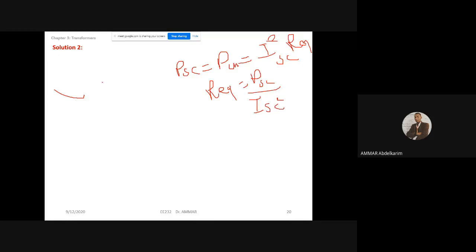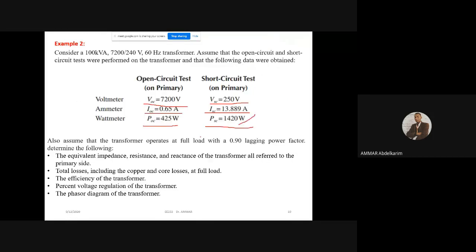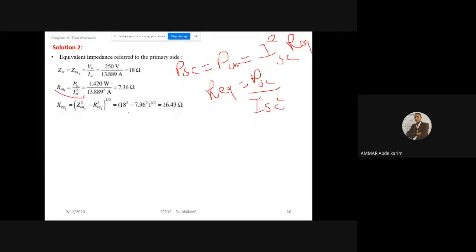The short circuit power is given as 1420 over 13.889 square, and it's equal to 7.36 ohm. Then after calculating Z equivalent and R equivalent, X equivalent equals to the square root of Z square minus R square. Okay, and it can be done like this.